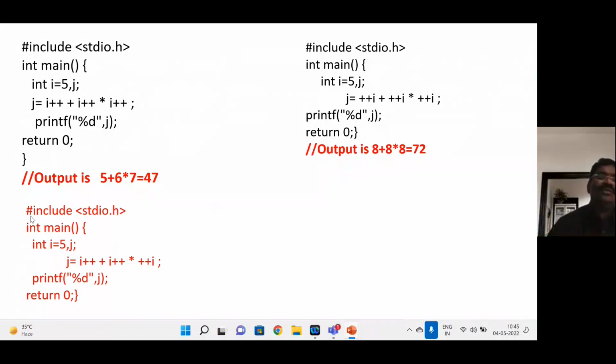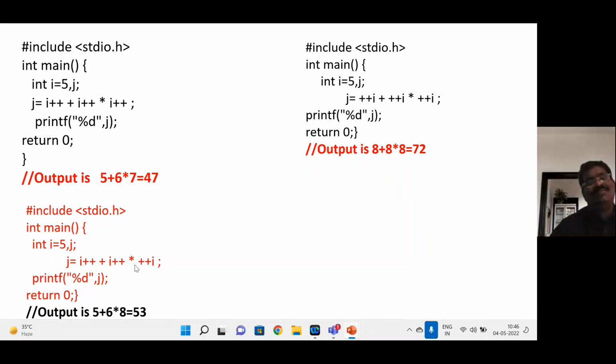You see, #include <stdio.h>, int main, int i is equal to 5, j is equal to i++ + i++ * ++i. Here are two post increments and one pre-increment. Pre-increment means always the total number of increments plus the initial value, that is 8. So then you can see 5 plus 6 into 8.